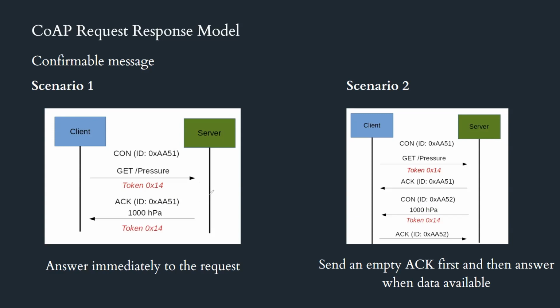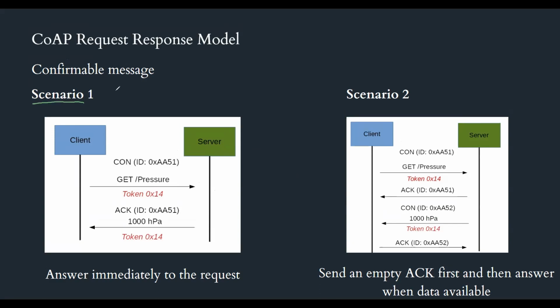The server will first send us a certain acknowledgement message, and then it will send the message with the requested data. So there are two scenarios that can happen with the CON message type. Once we request a certain resource from a server using the CON message type, the server can quickly give the information.